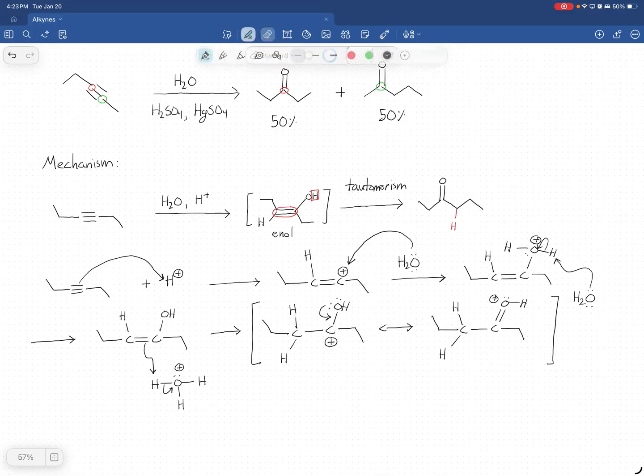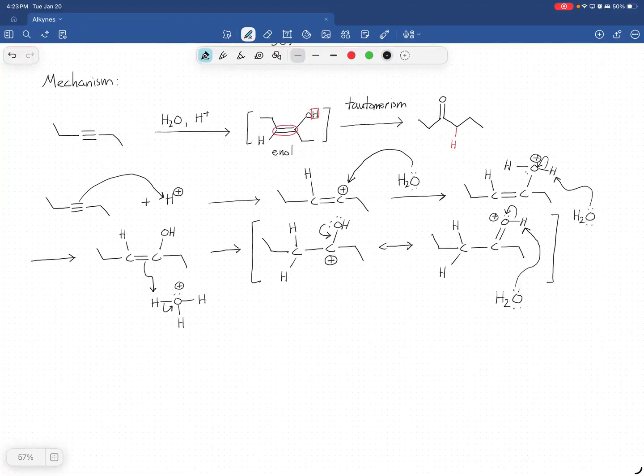Now this water that was generated in the last step can come around and pluck off this hydrogen. And now we get the final product, which is the ketone, this structure right here. So I just follow along what I've drawn, double-bonded O.